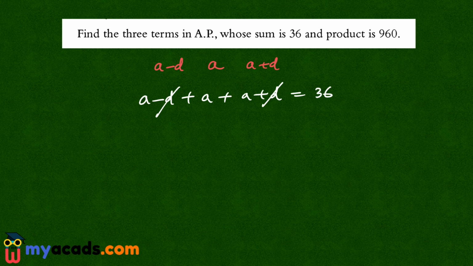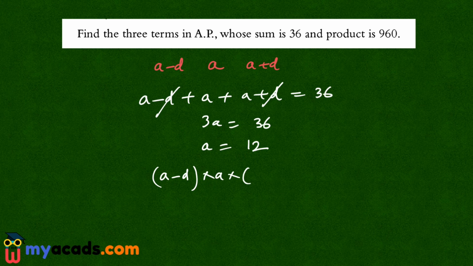The d cancels out, 3a is equal to 36, meaning a is equal to 12. After that it says that the product is 960. It means (a minus d) into a into (a plus d) equals 960.